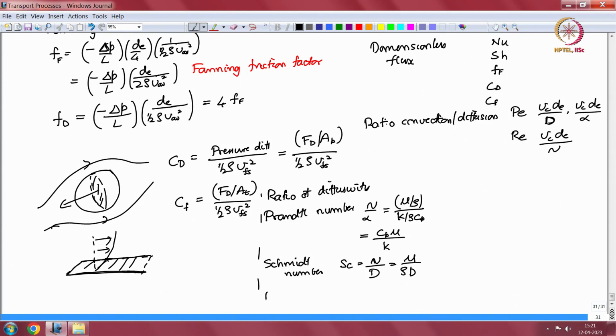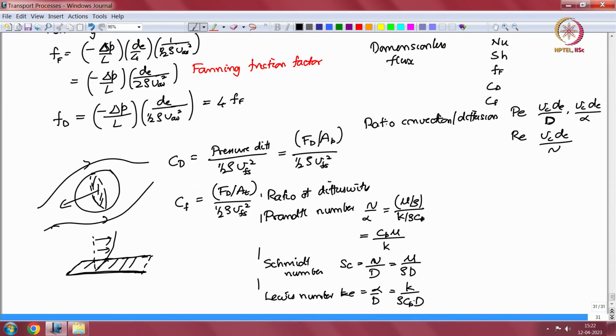And then there is the Lewis number, which is equal to alpha by D, which is equal to k by rho Cp D.